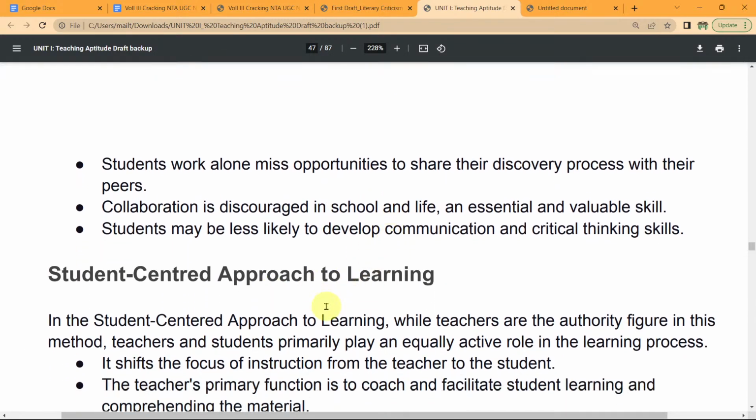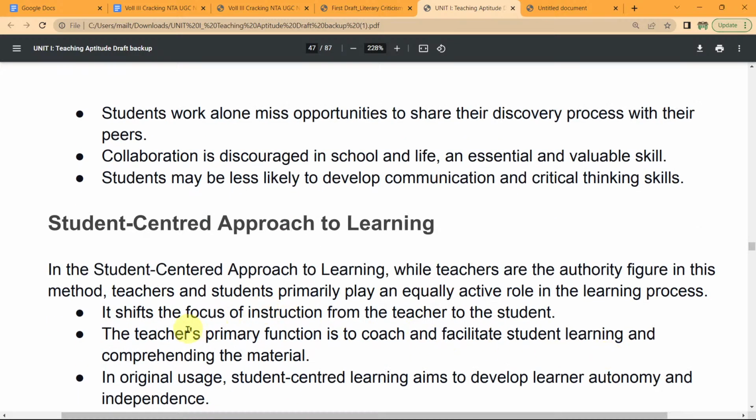Remember that here one important word is personalized learning. It's a very important term that you should remember under the student centered approach. And in the student centered approach to learning, what happens? While teachers are the authoritative figure in this method, teacher and student primarily play an equally active role in the learning process.